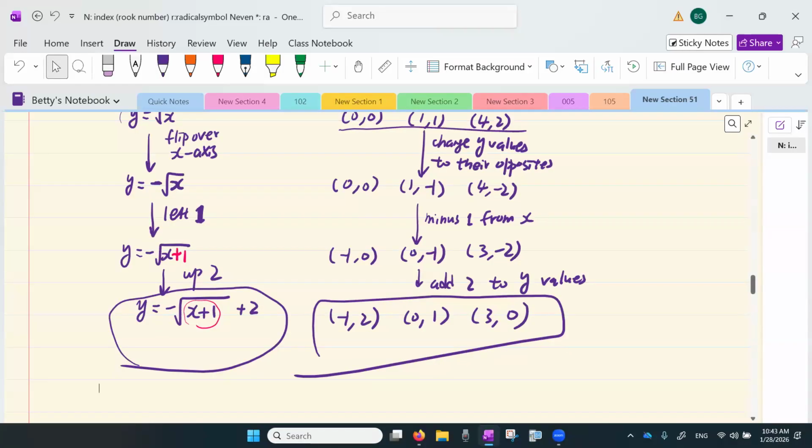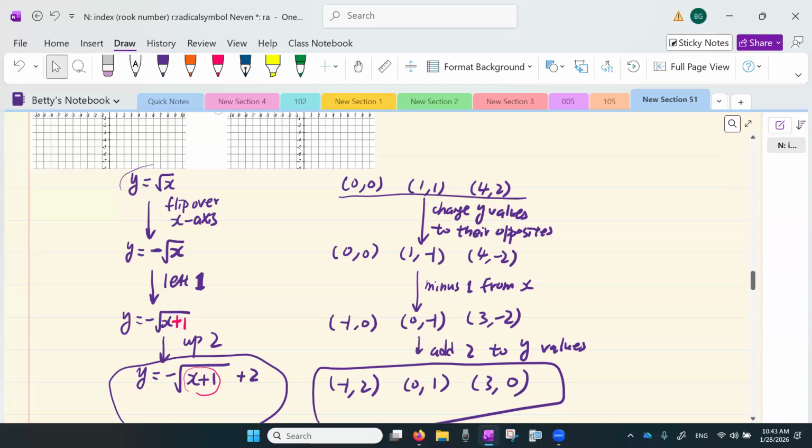I have a question. When we're shifting along the x-axis, the horizontal shift, we're adding the 1 to the x alone, but when we're changing it vertically, we're adding the 2 to the entire function.